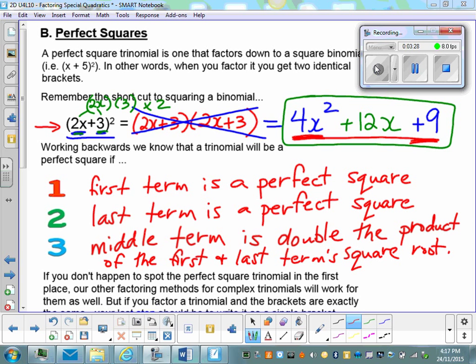Okay, so if we take the square root of 4x squared, we get 2x. If we take the square root of 9, we get 3. And if we multiply those two together and then double that answer, we get 12x.